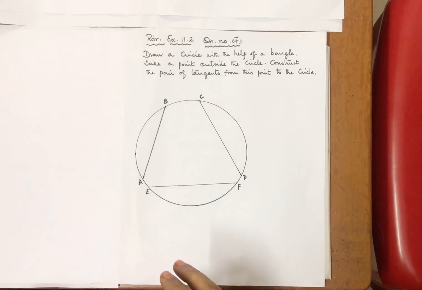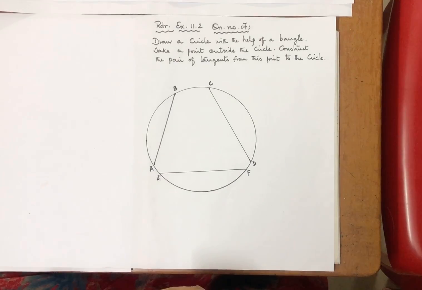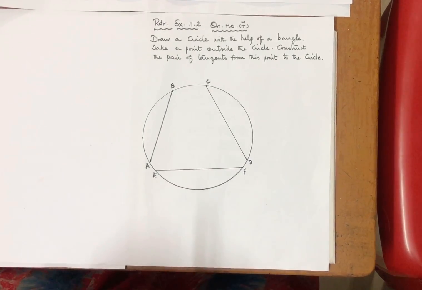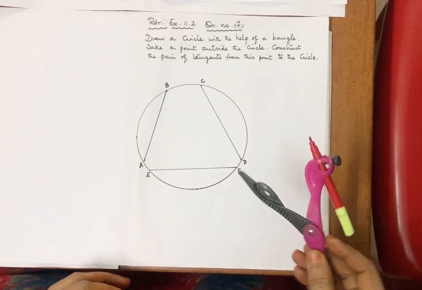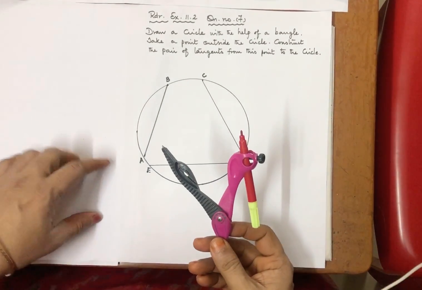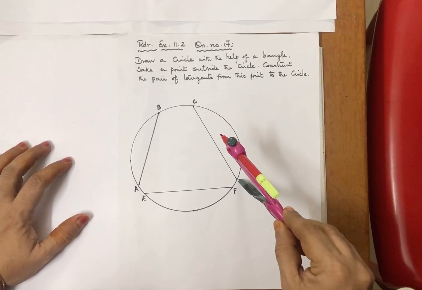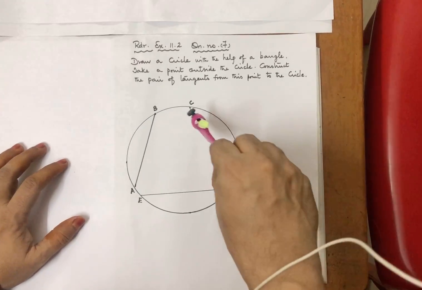Now for all these three chords you draw the perpendicular bisector. You draw the perpendicular bisector with the help of compass and pencil. So I will take one by one.